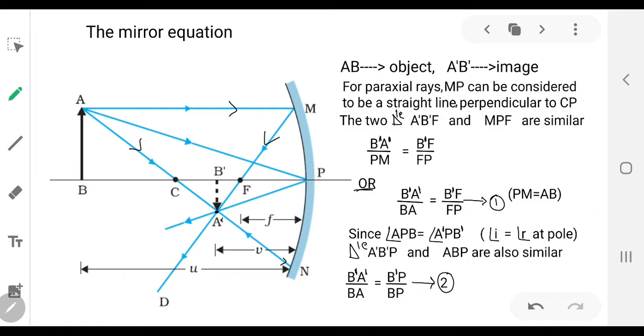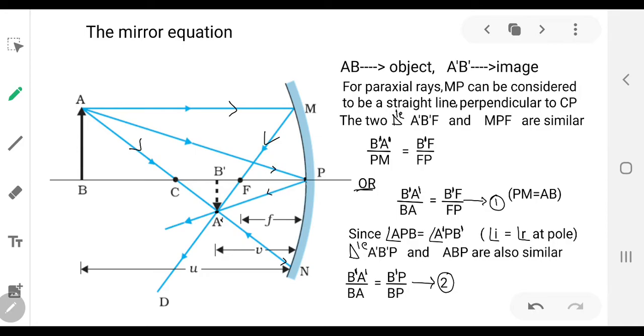For image formation these two rays are sufficient, but for derivation purposes we require one more ray. That ray we are going to take is from A to the pole. How is the reflected ray going to be?